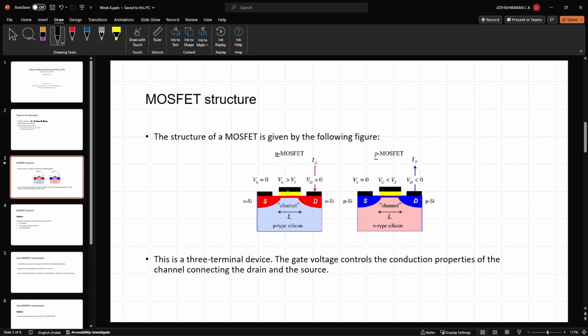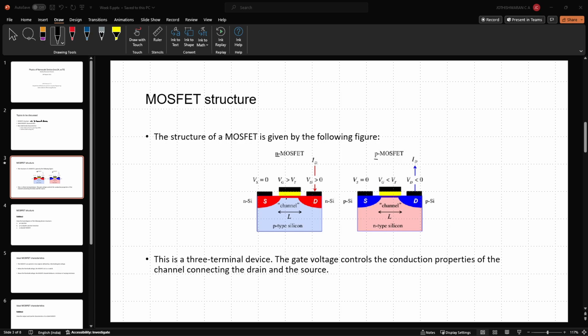However, people who have studied some basic semiconductor device physics or any other related courses would know that the conduction in a MOSFET from source to drain occurs only after there is an inversion that happens in the channel. Whatever semiconductor material the channel is made of, by applying the appropriate gate voltage, we will achieve what is called inversion.